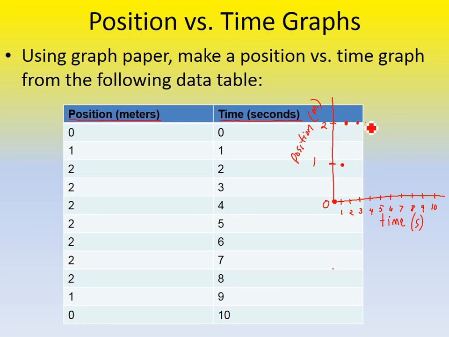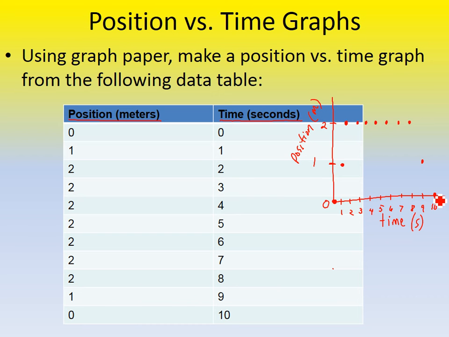At 4 seconds, still at 2 meters. 5 seconds, still at 2 meters. 6 seconds, 2 meters. 7 seconds, 2 meters. 8 seconds, still at 2 meters. Okay, now at 9 seconds, we go to 1 meter. So we're coming back down to 1 meter here. And at 10 seconds, it looks like we were back at 0 meters.